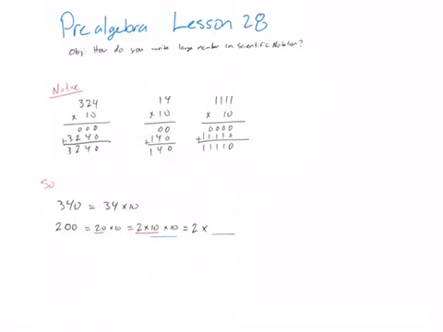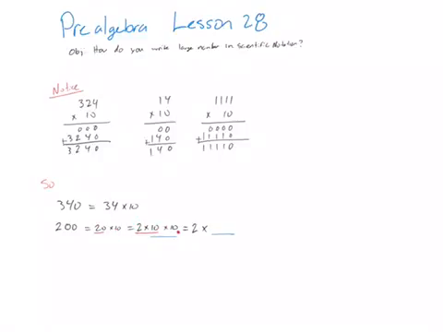So that means if I had 340, I could write that same thing as 34 times 10, because as I multiply by 10, it just adds on that zero. So I could take off the zero and just multiply by 10. And 200 you could write as 20 times 10. Or if you wanted, you could change this 20 to 2 times 10, which would be 2 times 10 times 10.